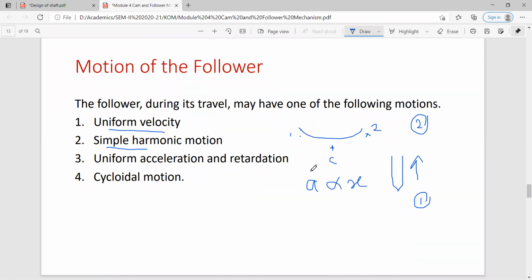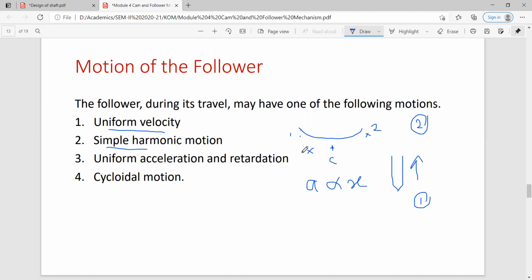Are you getting it? Means at a particular time, the distance between the particle and its center position is x.